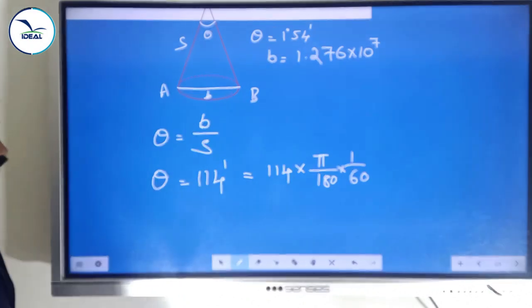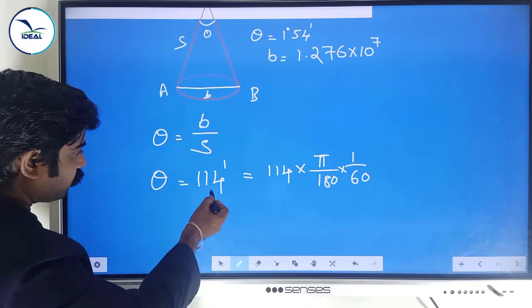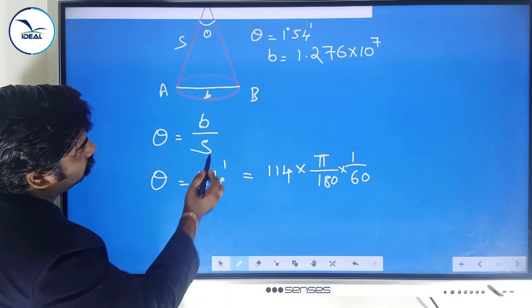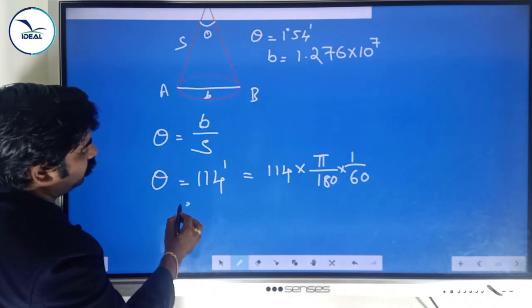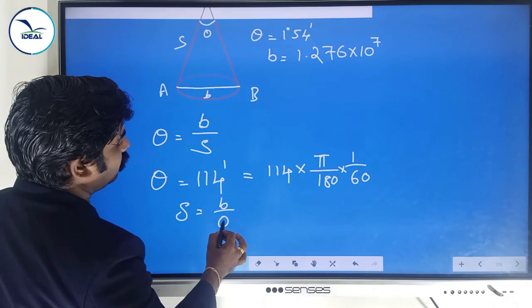Then we want the value of S. S is equal to B by theta.